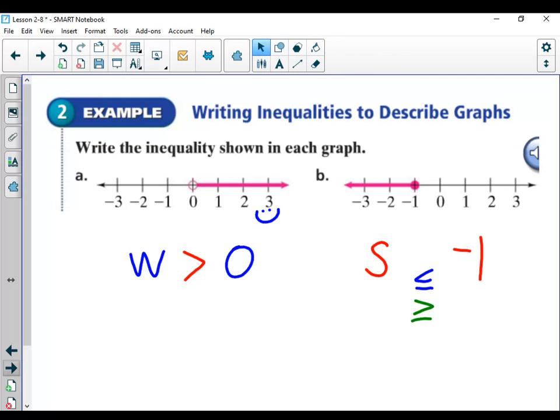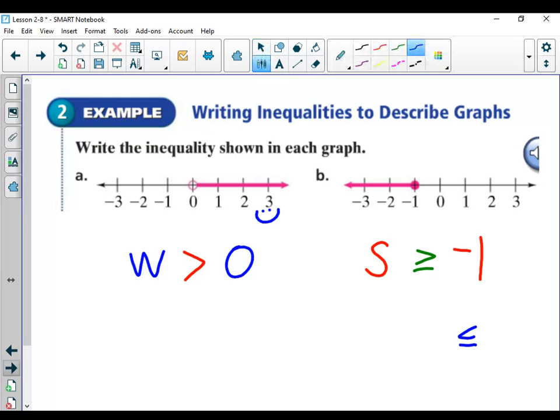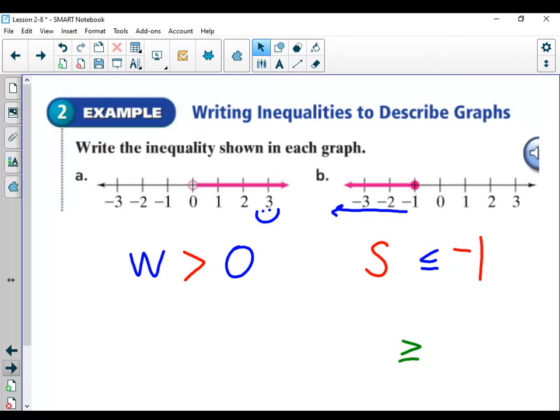So then I look for the arrow. Is the arrow showing me numbers that are less than -1? Or are the arrows showing me numbers that are greater than -1? Well, looks like -3 to the left is less than -1.